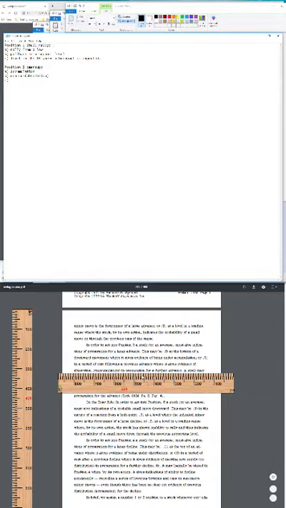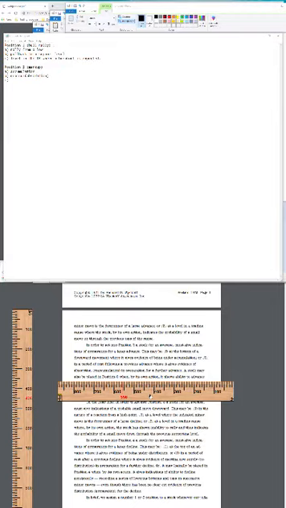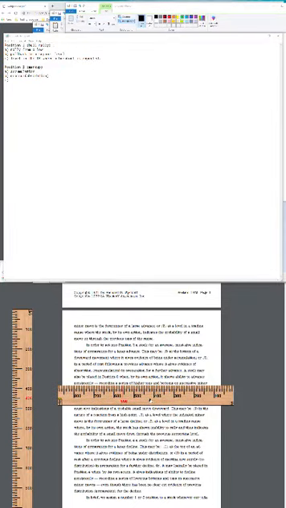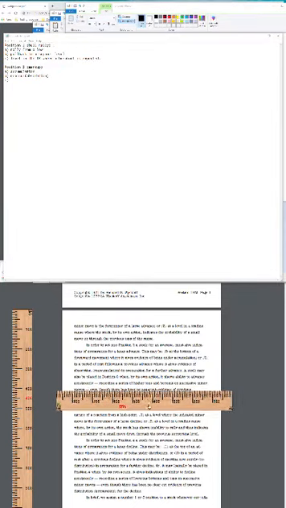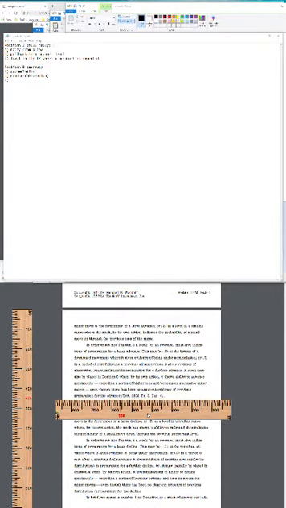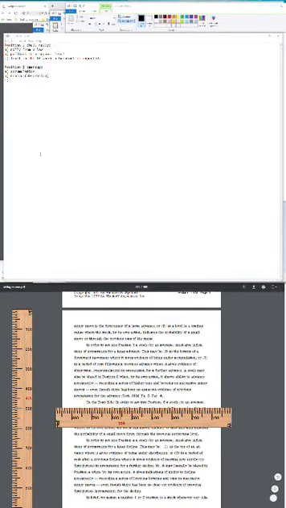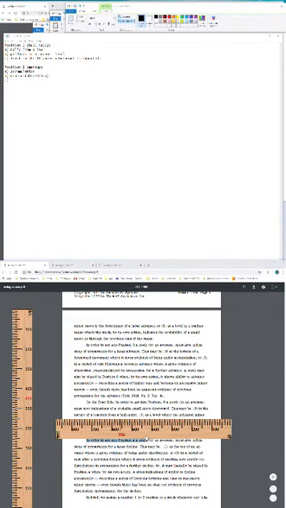Three. Position 3 is the same thing, I think, in the opposite direction.